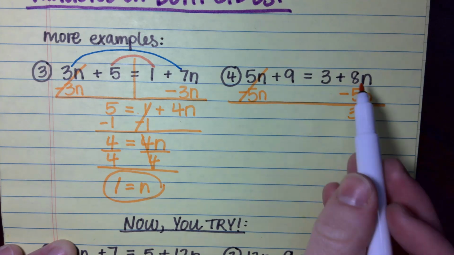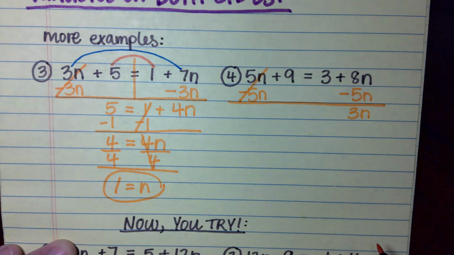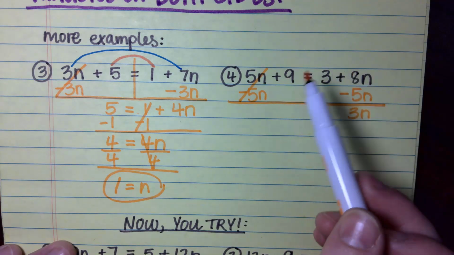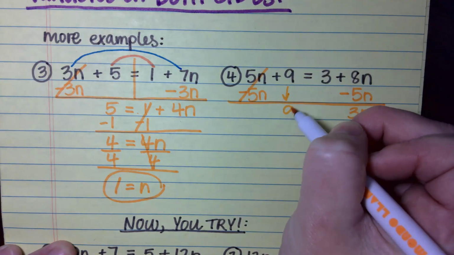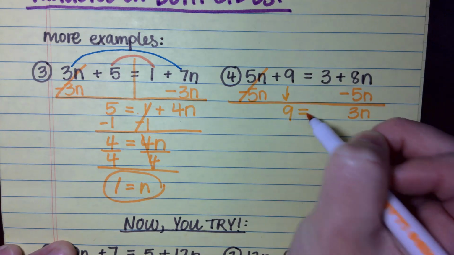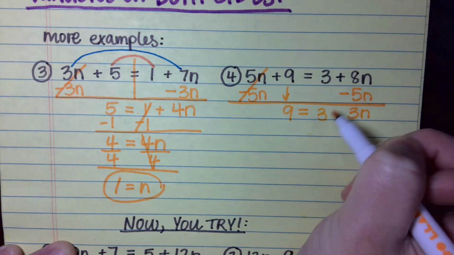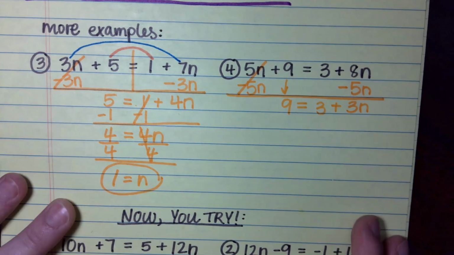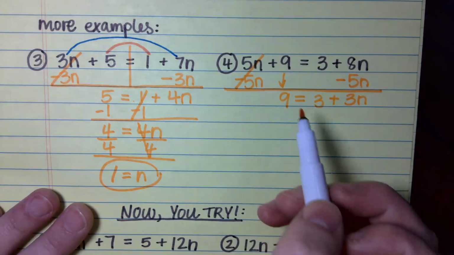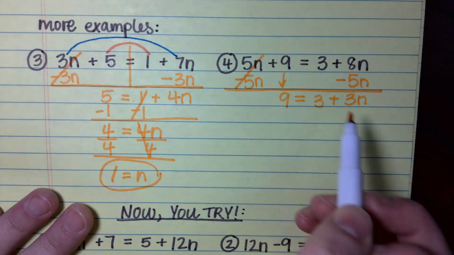All right, now I did that. So what is left in this step? To bring the plus 9 down. Yeah, so I'm going to bring down 9 equals 3 plus 3n. Okay, so now we're here at this step. I've got 9 equals 3 plus 3n.